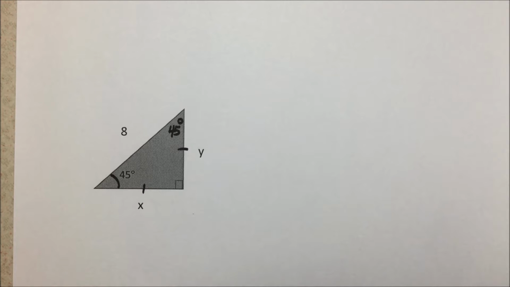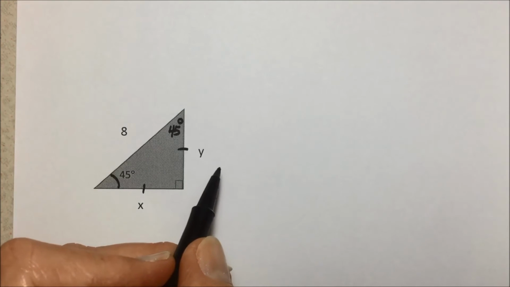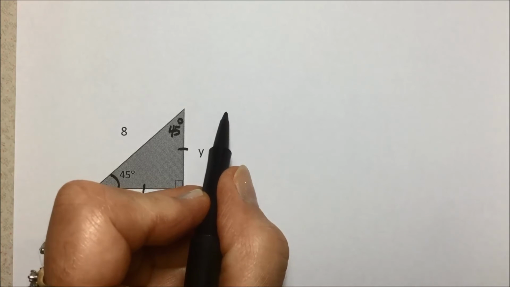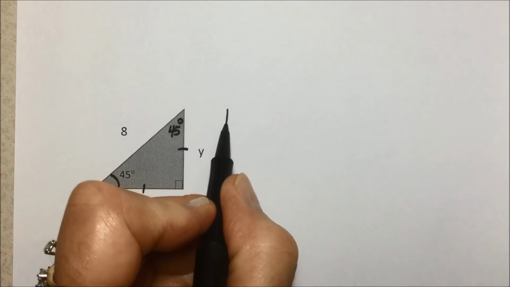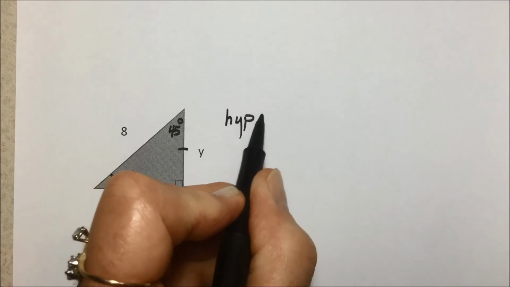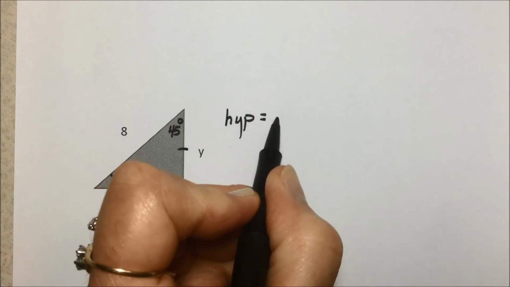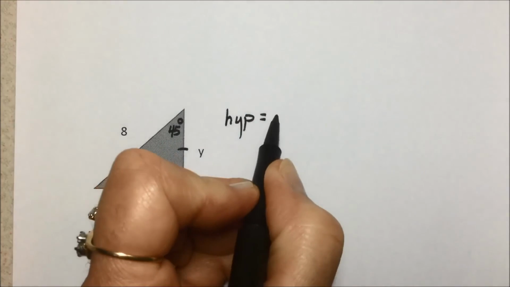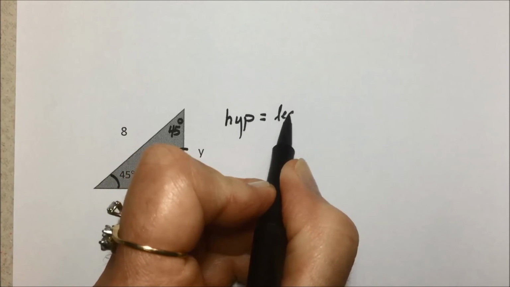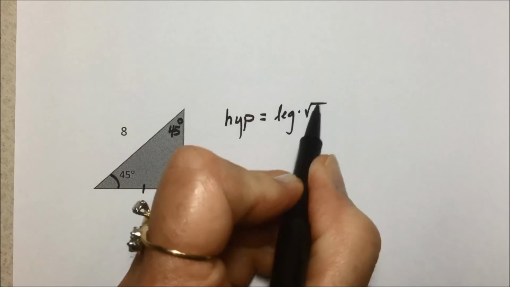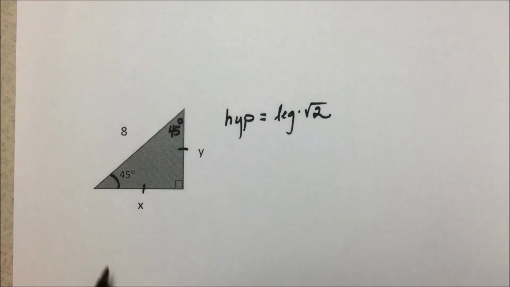So we have a 45-45-90-degree triangle, and in such an isosceles right triangle, the relationship between the leg length and the hypotenuse is such that the hypotenuse is equal to the leg length, whatever that happens to be, times the square root of 2.